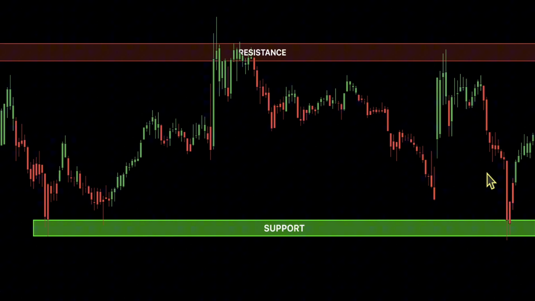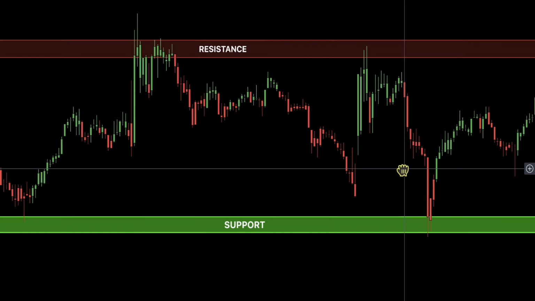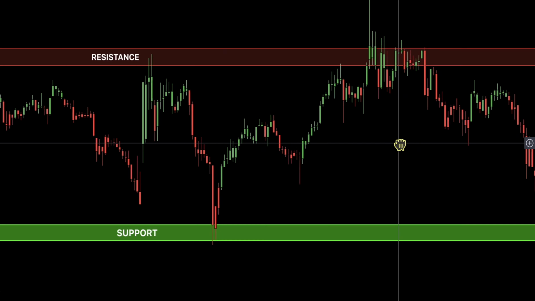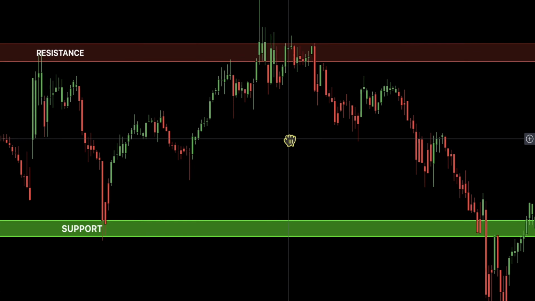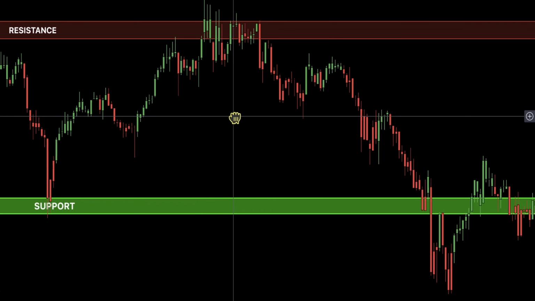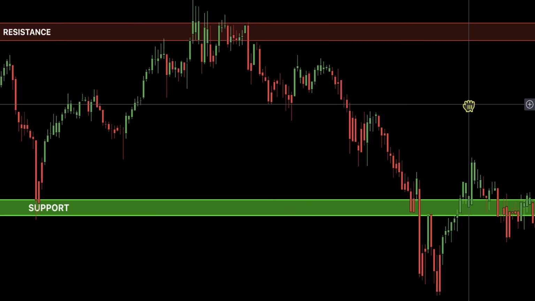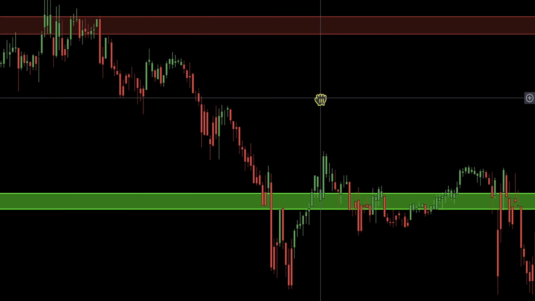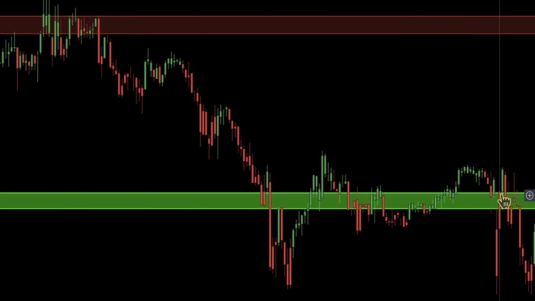Now, if you take a look at this chart, you can see that that ended up becoming a range for this stock and they continued to go up and down and just challenge each resistance and support until finally they got to a point where they started going a leg lower, guys.